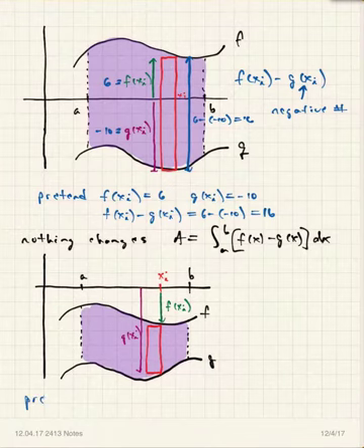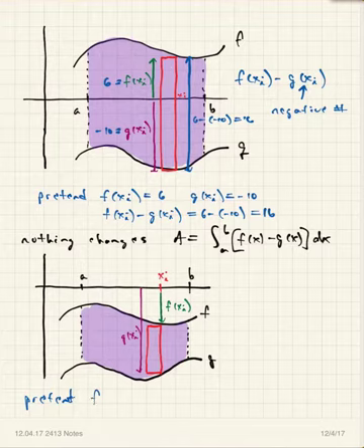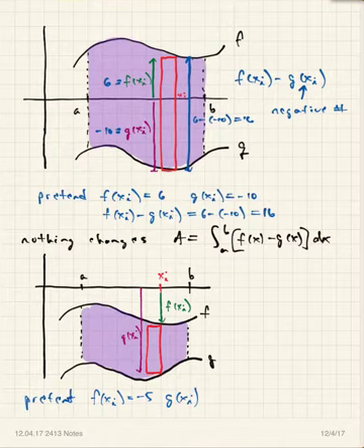So let's pretend for a second that f of x sub i is negative 5, and g of x sub i, well, now the distance g is greater than the distance f, so this should be a quote-unquote bigger negative number, right? A negative number with a bigger absolute value. So let's say that this is negative 12.